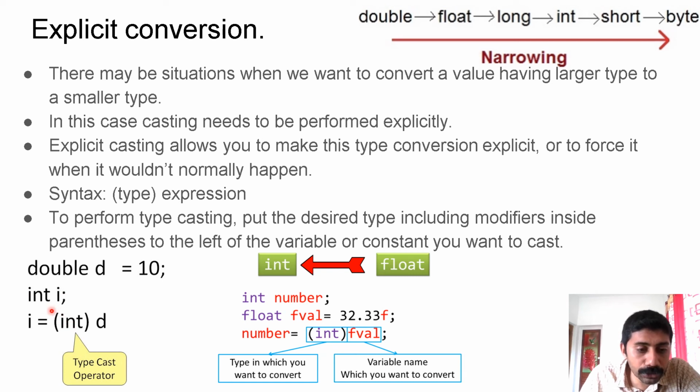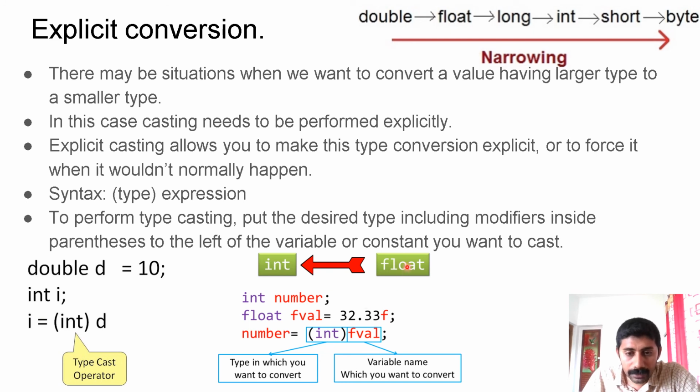So the compiler will force you to do the explicit typecasting. If I did not add the typecast operator, the compiler will give an error because from its viewpoint I am losing some data. So as a programmer, I have to write i equal to the cast operator then d. I am casting the double value to an integer value, then storing it in the integer variable.